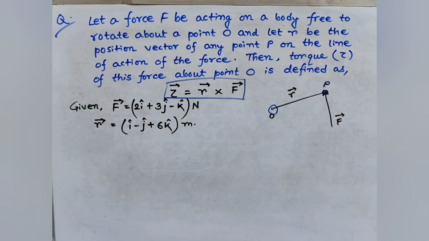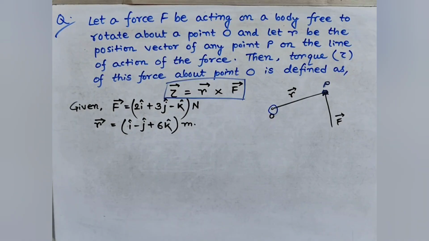That's why learn this formula, tau is equal to R vector cross F vector. It is given that F vector is 2i cap plus 3j cap minus k cap Newton, and R vector is equal to i cap minus j cap plus 6k cap meter. So now you have to solve this cross product and find the value of tau.